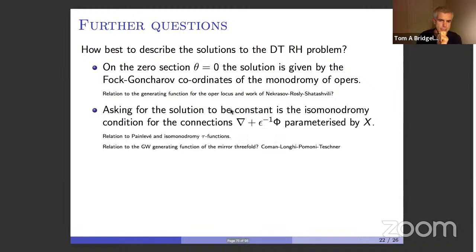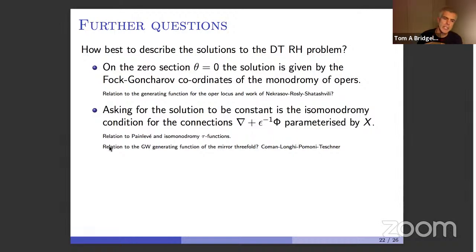On the other hand, if you ask for the solutions to that Riemann-Hilbert problem to be constant, what you're asking for is that this family of connections is isomonodromic, right? Because the solutions were just describing the monodromy of those connections.